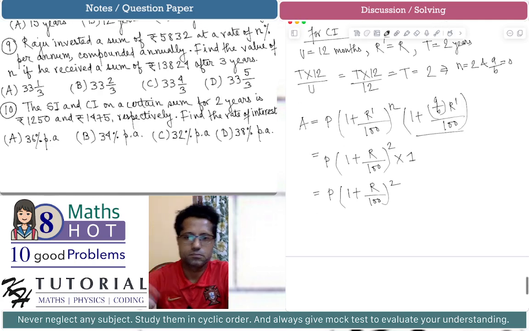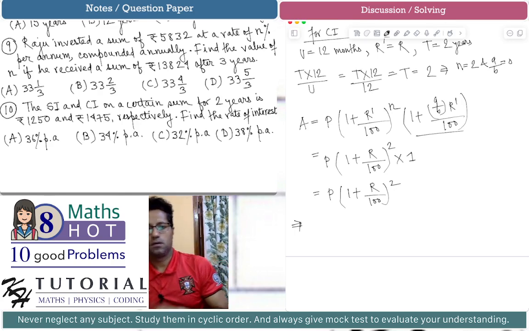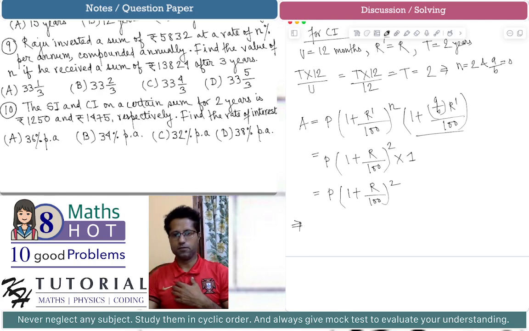Now this implies the compound interest. We have the amount for the compound interest is P into (1 plus R by 100) whole square, where capital R is the rate of interest per annum in both the cases, and P is the certain sum.